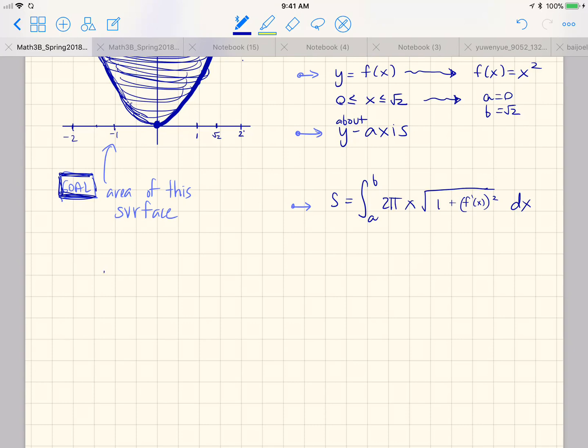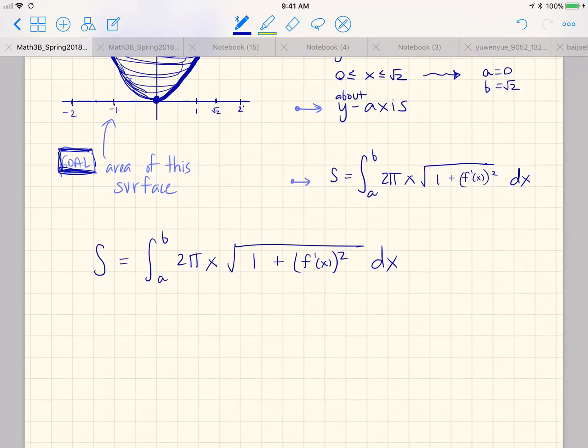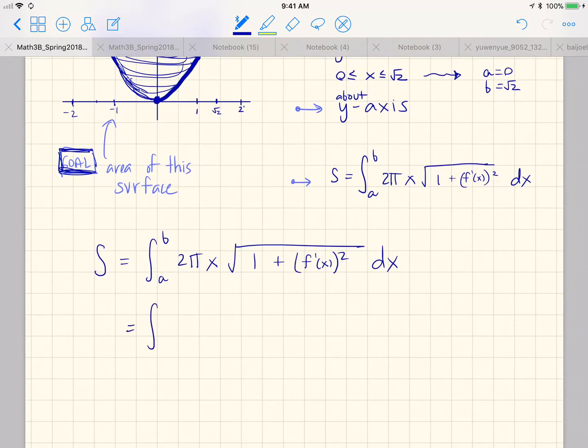So we'll have our surface area equals the integral from a to b of 2 pi x times the square root of 1 plus f prime of x, quantity squared, dx. And we said that a is equal to 0 and b is equal to square root of 2.